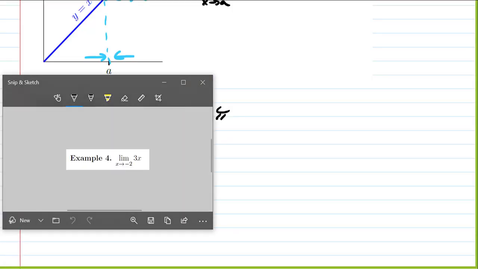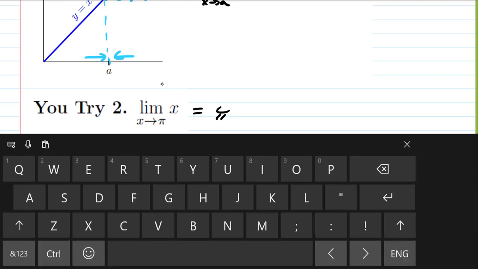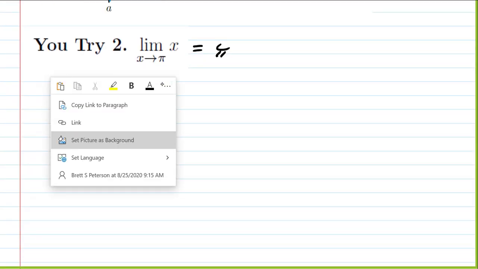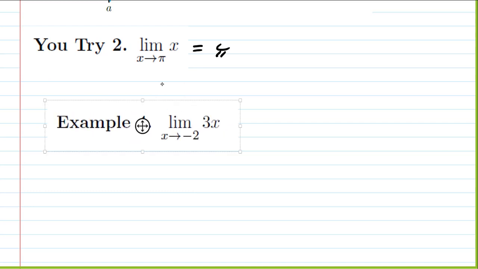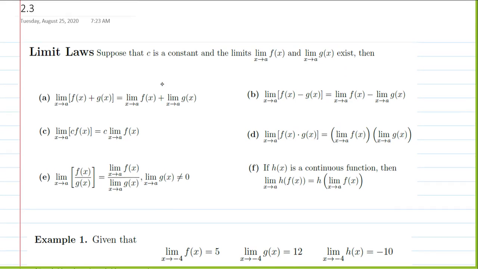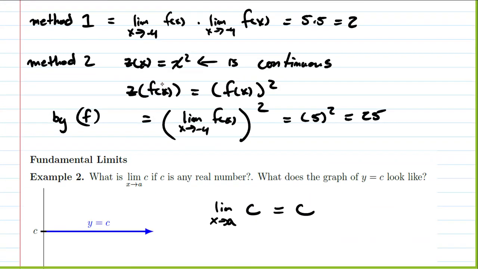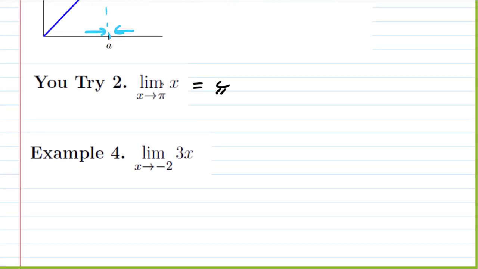So example 4 says, find the limit as x approaches negative 2 of 3x. Well, our constant property from above was property C, right? So if you have a constant inside of a limit, what do you get to do? You bring the constant out. So then this is the same as 3 times the limit as x approaches negative 2 of x.